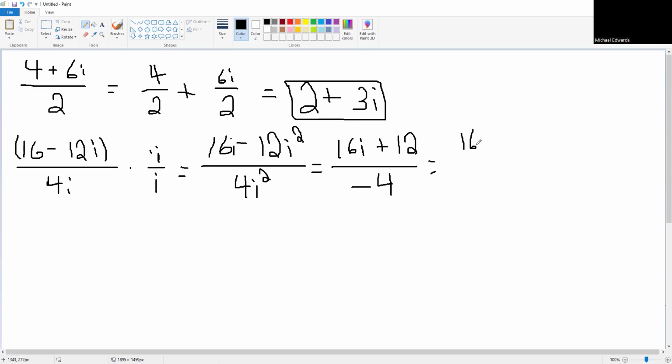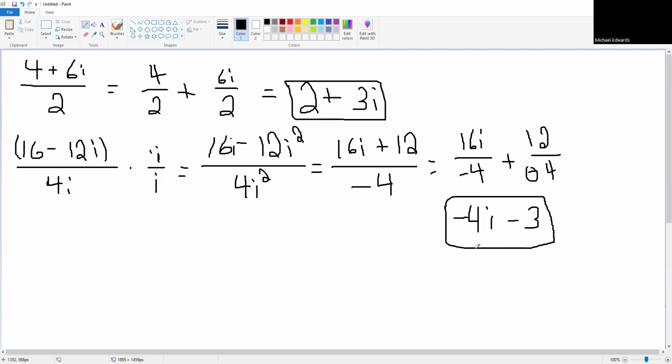Now we can rewrite this as 16i over negative 4 plus 12 over negative 4, which would give you negative 4i, negative 3. And this is your complex number solution.